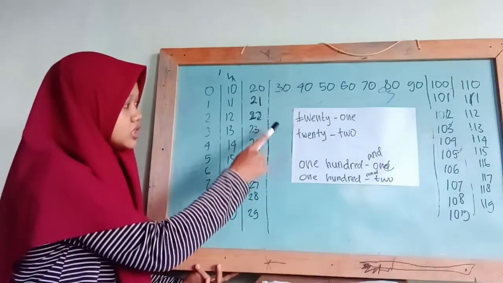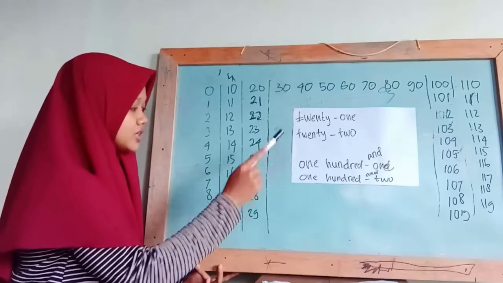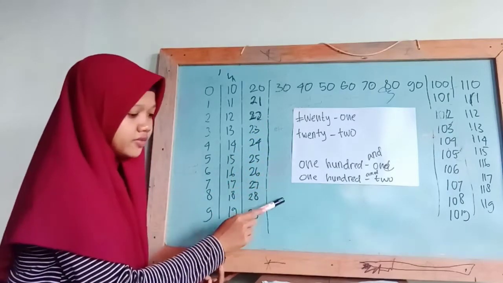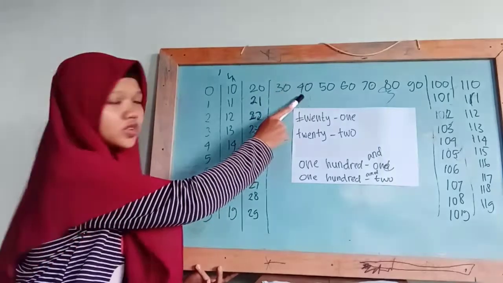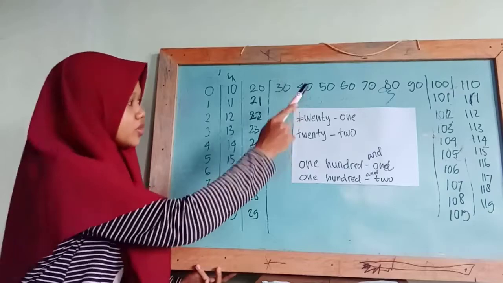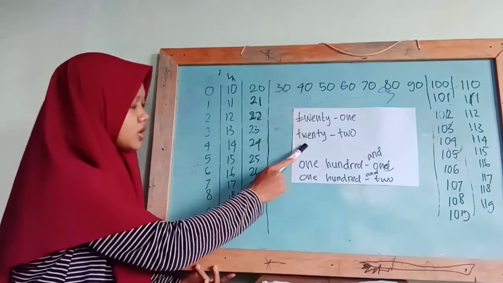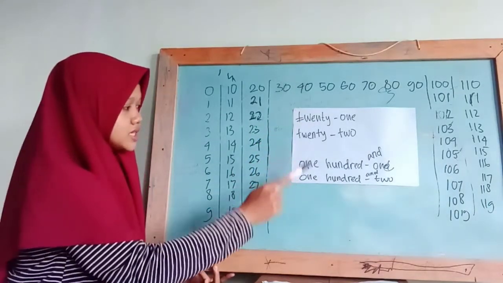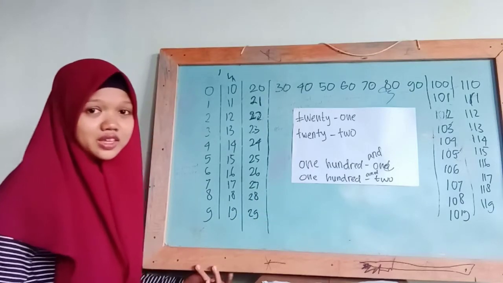I go down: 34, 35, 36, 37. This is 40, 41, 42, 43, 44, 45, 46, etc.